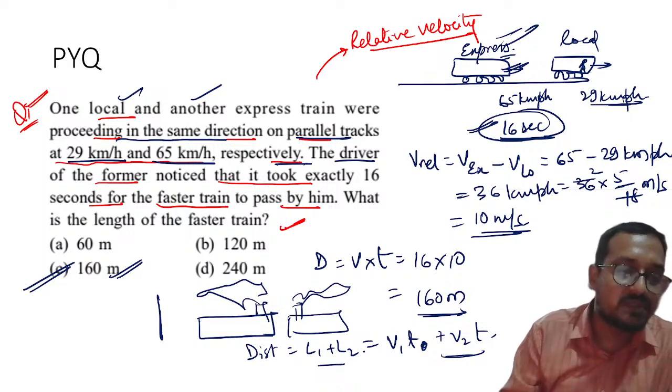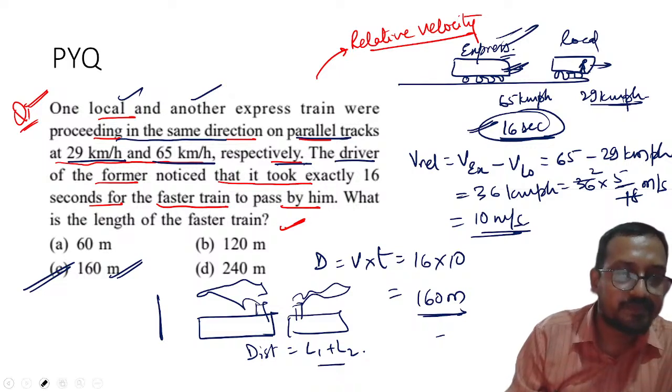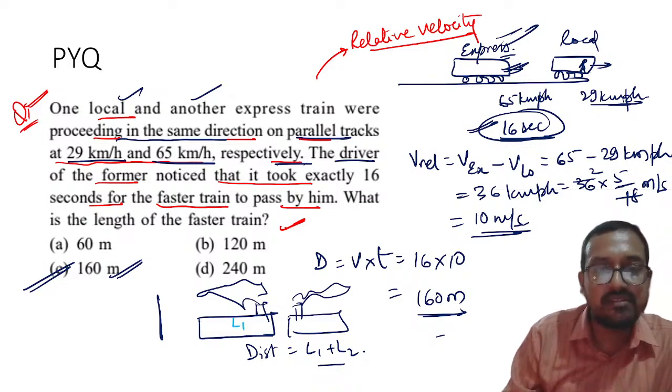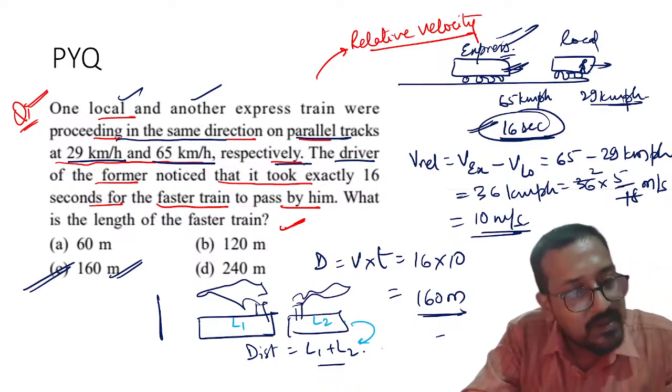So for whatever is the distance, please note it down. That will be L1 plus L2. Understood? Let us say this is L1, this is L2. So please remember, distance will be nothing but the sum of both. Clear?